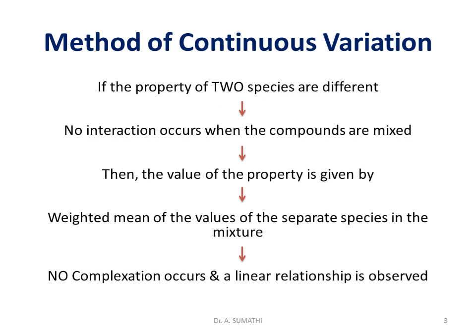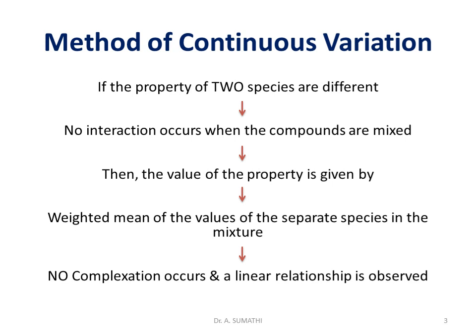And here comes the method. Initially, if we consider two species whose properties are different, then no interaction occurs when the compounds are mixed together. If we mix two different species, they just sit side by side and there is no complexation. In that case, the value of the property is given by the mean of the values of the separate species present in the mixture.